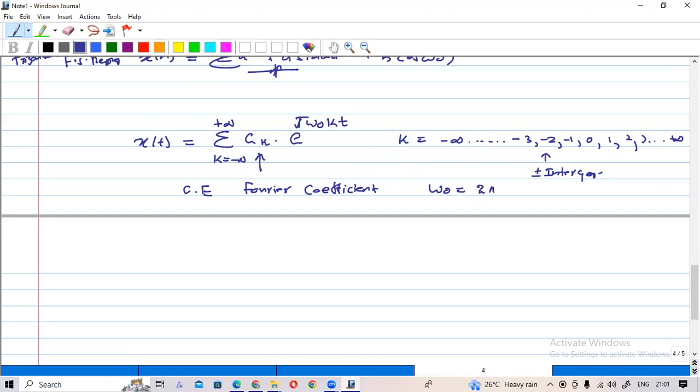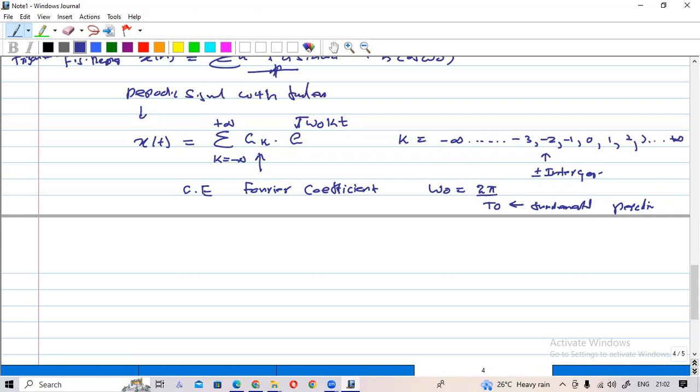It is 2 pi divided by the fundamental period. This is for a periodic signal.